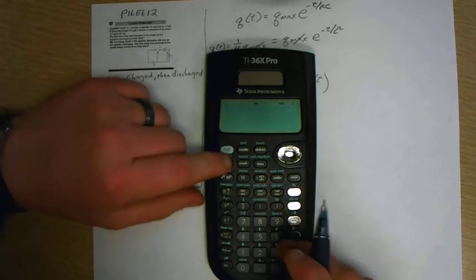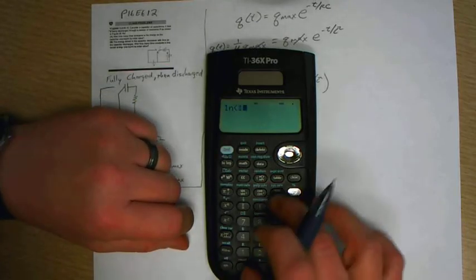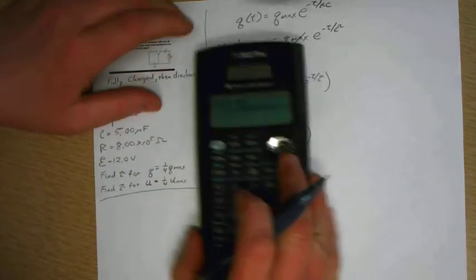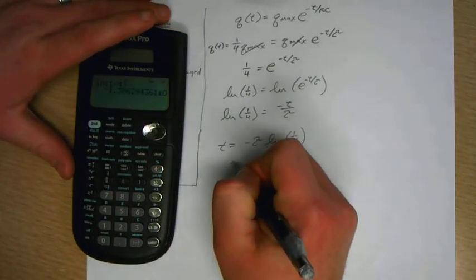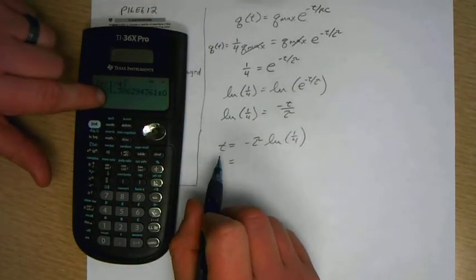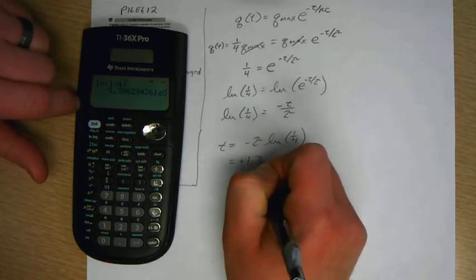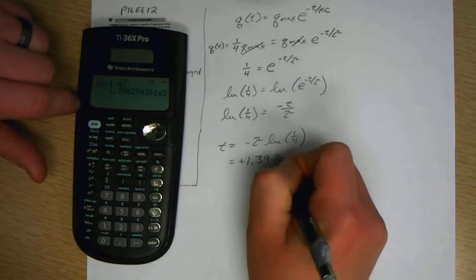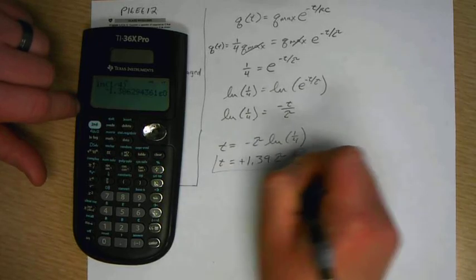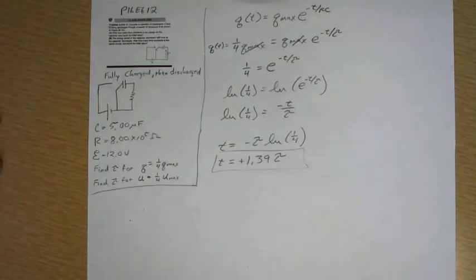Natural log of 1 divided by 4 equals negative 1.38, but the negative there makes it positive, 1.39 times tau. That's the answer to the question.